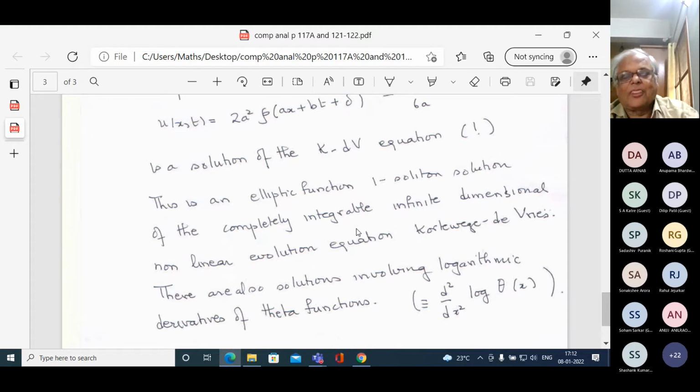So this is an elliptic function. It is called the one soliton solution of the completely integrable, infinite dimensional, nonlinear evolution equation called the Korteweg-de Vries equation.